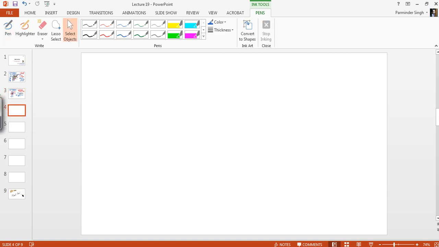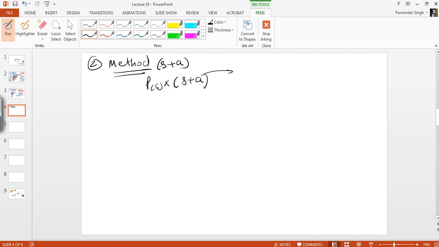Now this is one way. The second method is the S plus A method. In this, we multiply our polynomial equation by S plus A, where we take the value of A to be a very small value. Let's say we take A equal to 1.